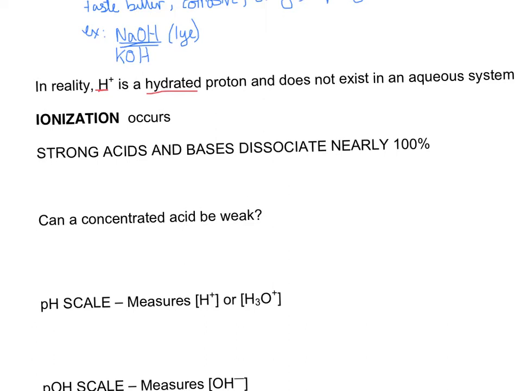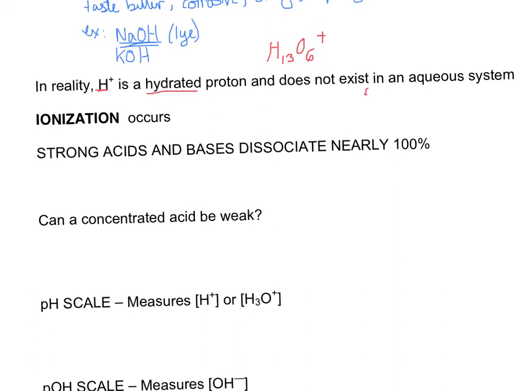So if there's, let's say, 6 water molecules, that would be like H13O6 plus. That's really how it exists. It's an H plus with 6 water molecules around it. But just for simplicity, we use H plus or H3O plus to indicate the ion dissociation of the acids.